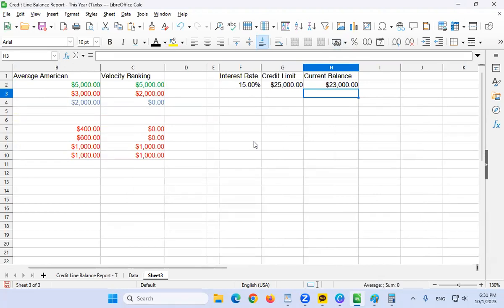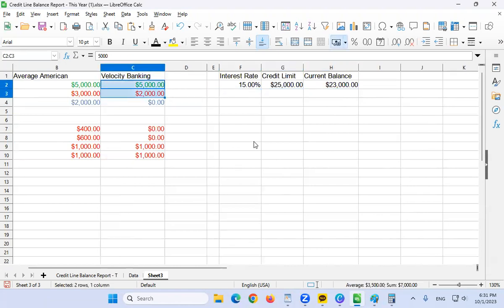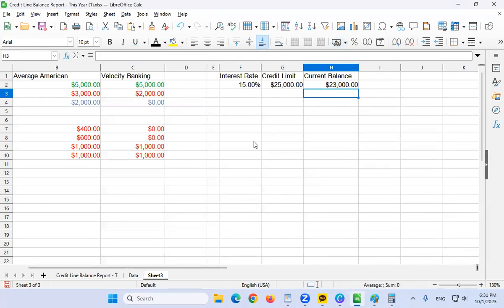Our cash flow, 5,000 minus 2,000, is 3,000. Every subsequent month, the balance is going to go down about 3,000. So we create a formula, which is H2 minus 3,000.